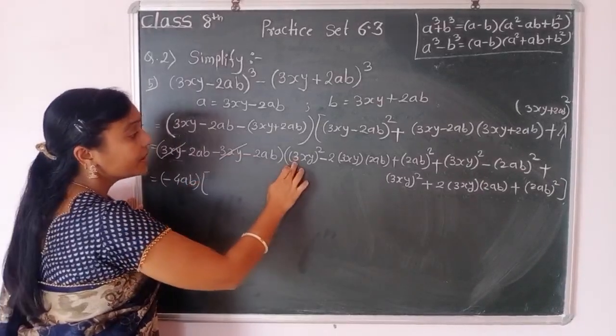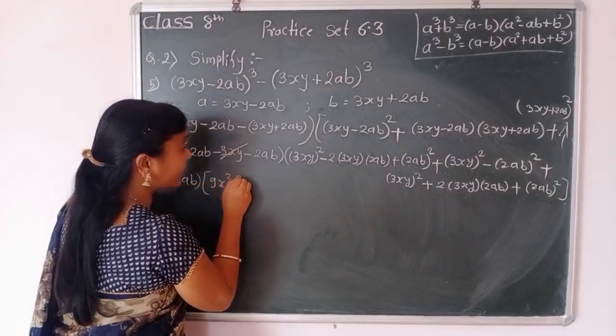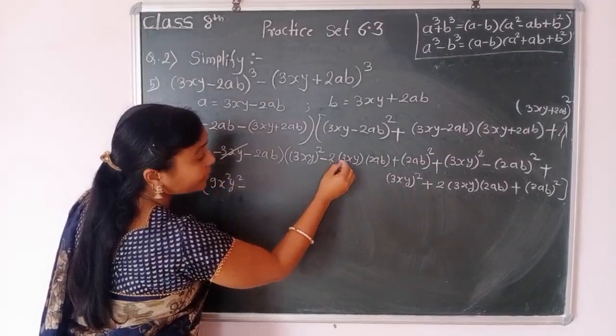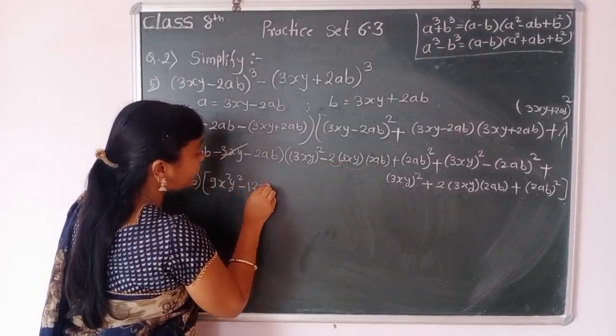Another bracket: (3xy) square is 9x square y square, minus 3 into 2, 6, 6 into 2, 12xyab.